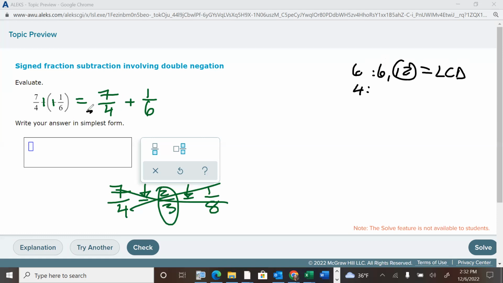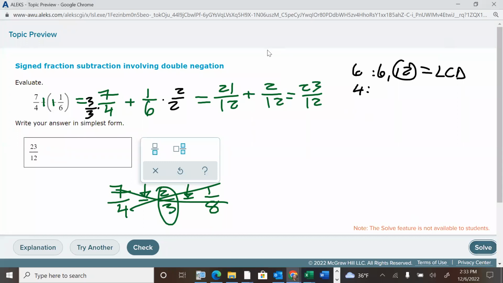So I can multiply 4 by 3 and 6 by 2, and then we get 21/12 plus 2/12, and that'll be 23/12. There'll be other times when we say, let's convert that to a mixed number, but that's kind of the idea right there.